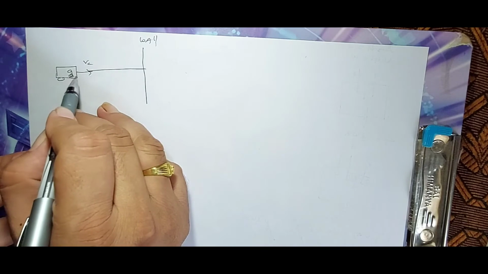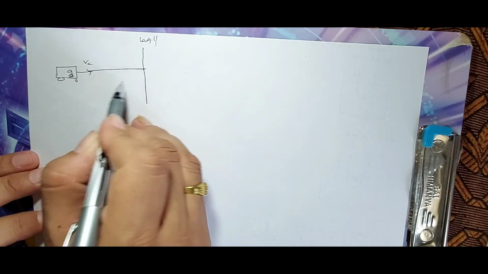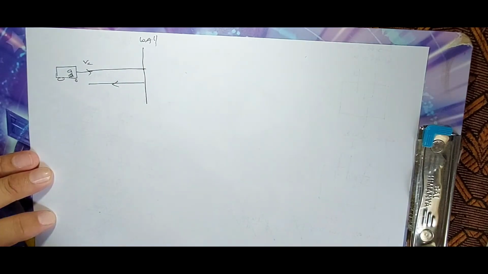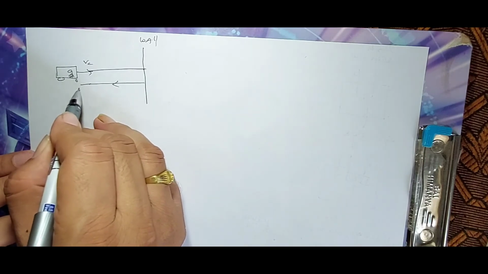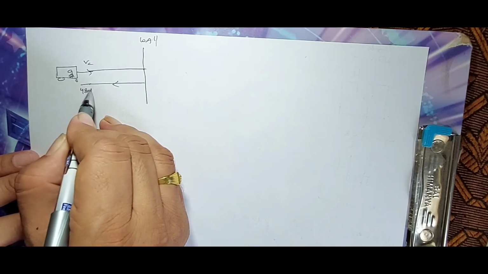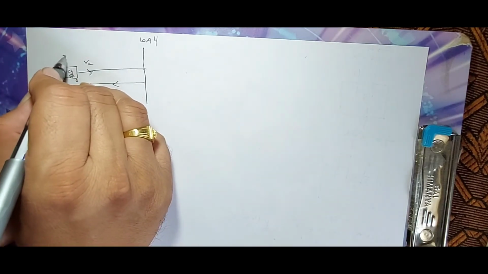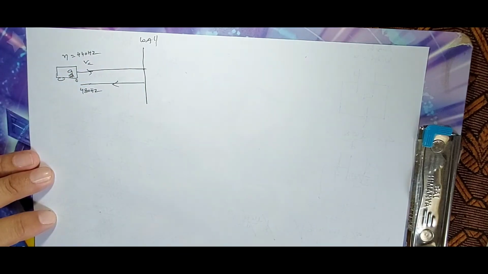So, whenever this sound reaches the wall, it is reflected again. The driver in the car listens with a frequency of 480 Hz. What is the original frequency here? N is equal to 440 Hz.